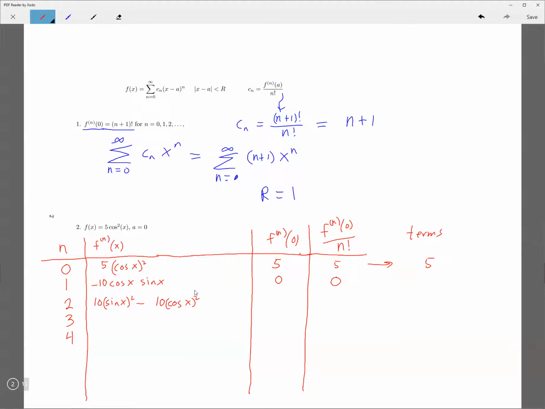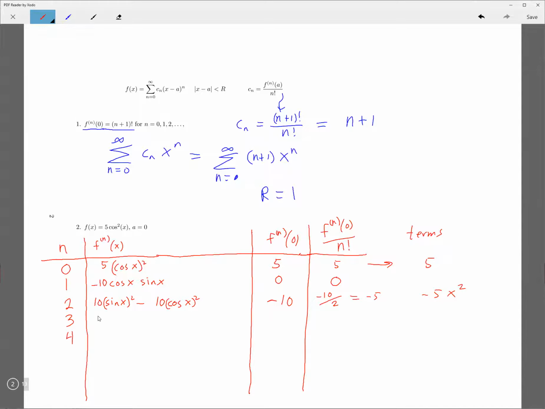Now, if you plug in a 0 for x, that's going to be a 0. This is going to be 1. So you have a negative 10. And then you take that negative 10 and you divide it by n factorial. That's 2 factorial. So that's negative 5. Since n was 2, this is negative 5 x squared.